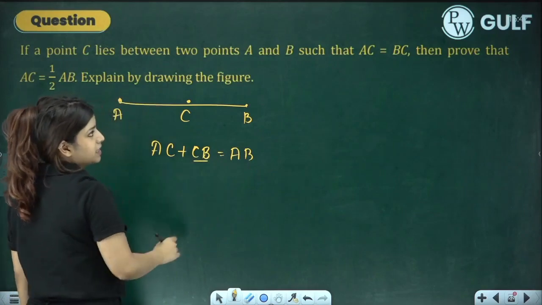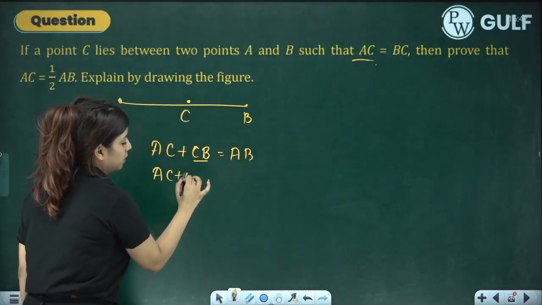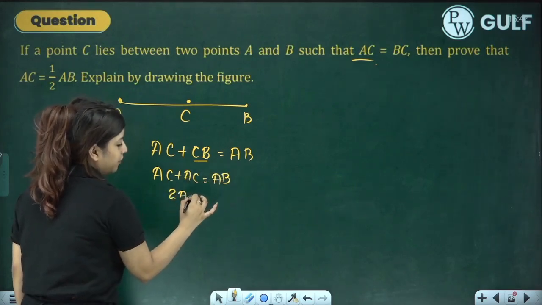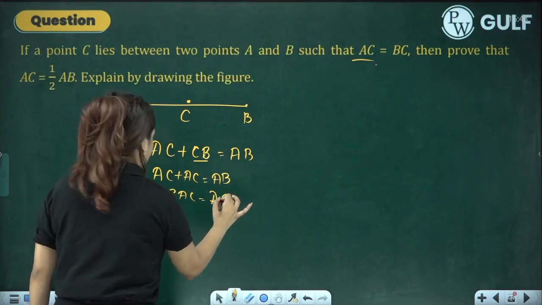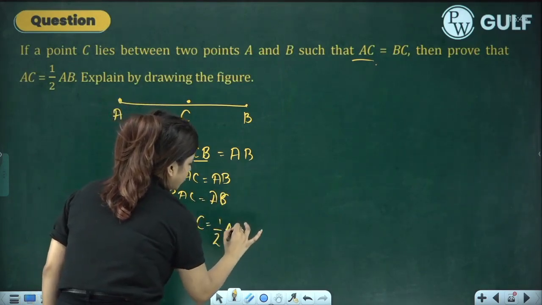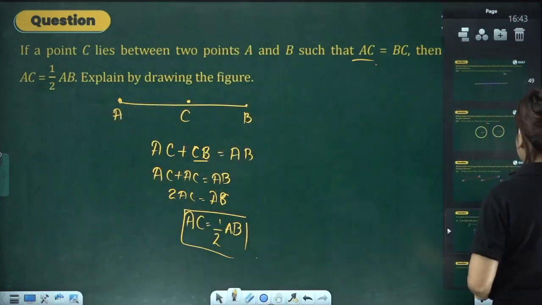In place of CB or BC, we can write AC as both of them are equal. So AC plus AC is equal to AB. Twice AC is equal to AB, and then AC is equal to half of AB. So this is what we were supposed to prove.